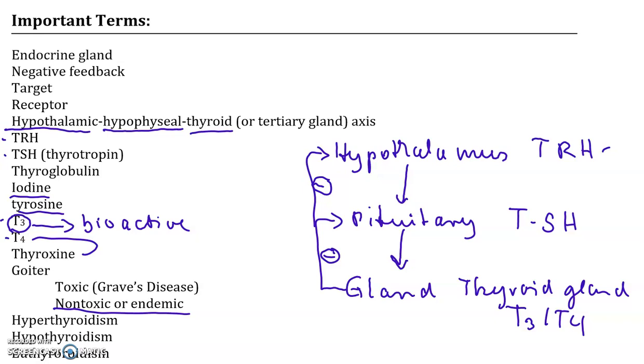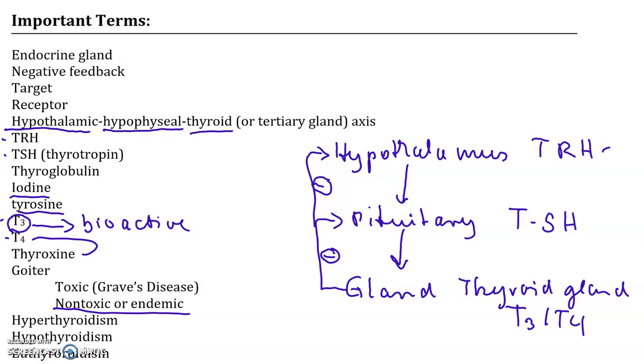And the way you would distinguish between the Graves' disease type of goiter versus the lack of iodine type of goiter is, well, if you don't have enough iodine, then you can't make these hormones. So if you find somebody with a goiter that has low T3, T4 levels, then you would say, okay, that's a goiter that's due to lack of iodine.